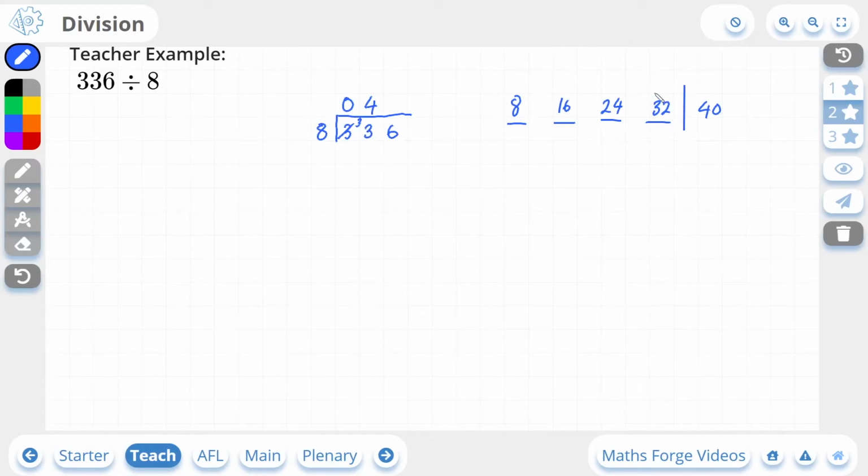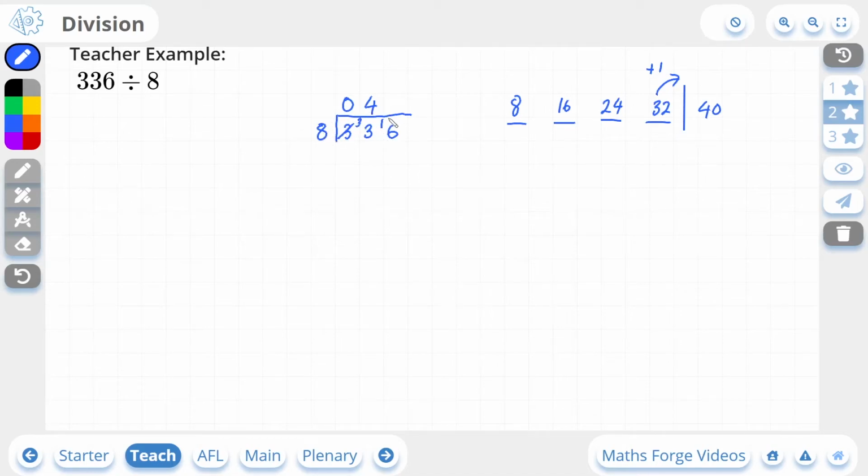And if you go to the last number here, 32, if we add 1 onto this, we will reach 33. Now this one here is what we call the remainder. So we've used this 33 now, and we're going to take this one, which is a remainder from dividing 8 into 33, and we're going to place it next to the 6 here. So now it becomes 16.